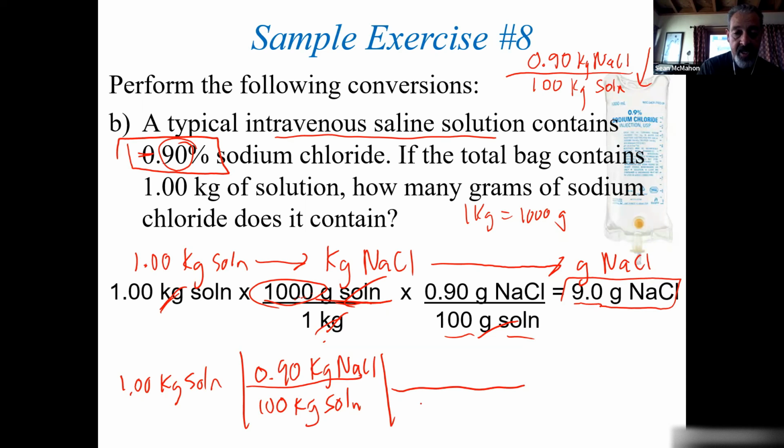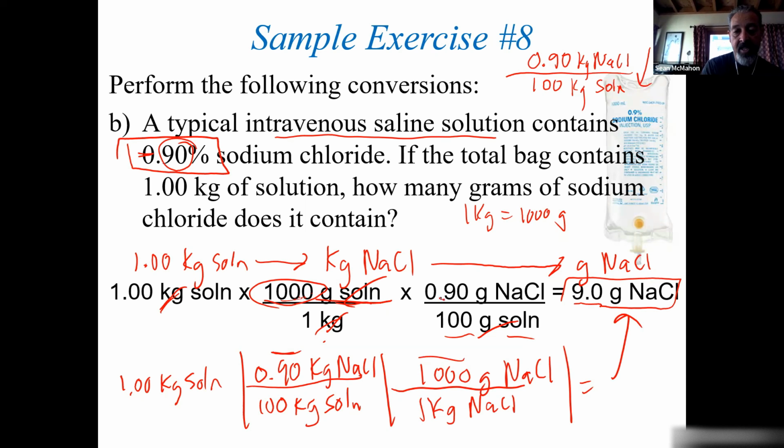And then in 1 kilogram of sodium chloride, there's 1,000 grams of sodium chloride. You get the same number. Why? Because you're going to take 0.9 times 1,000 like we did here, and then 100 times 1 in the denominator. So you get the same numbers. I'm just making sure I cancel the units correctly. And I do, and there's more than one way to do it.